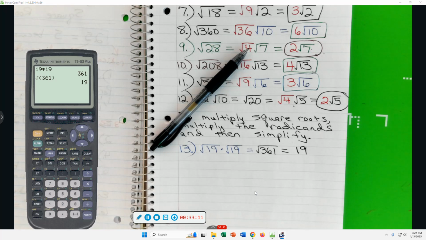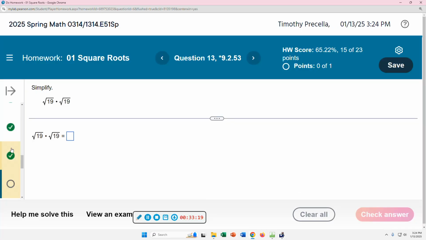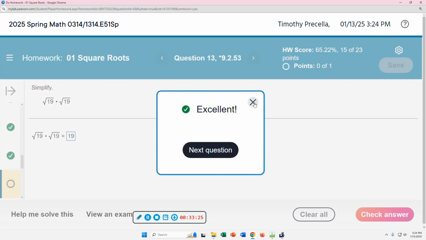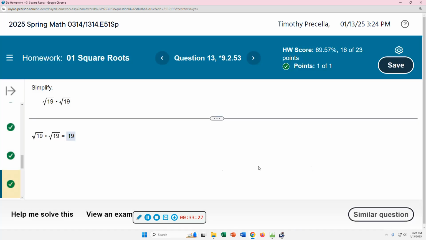Okay. So, was there something special about square root of 19? The answer here was just 19. Let me check it. And instead of going on, let's do another problem. Similar question. Do y'all want to hazard a guess on this one? So it'd just be 31?